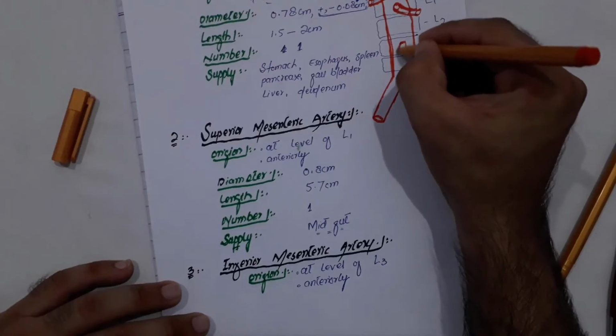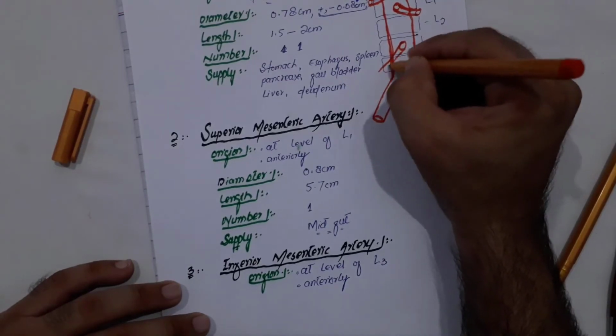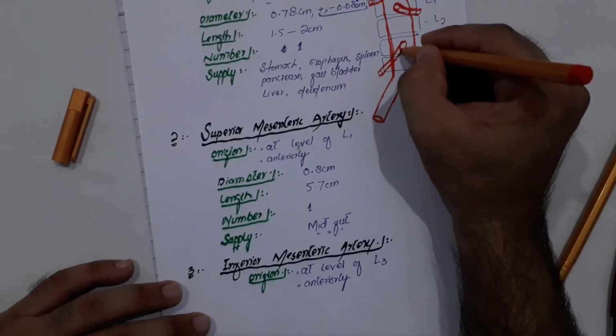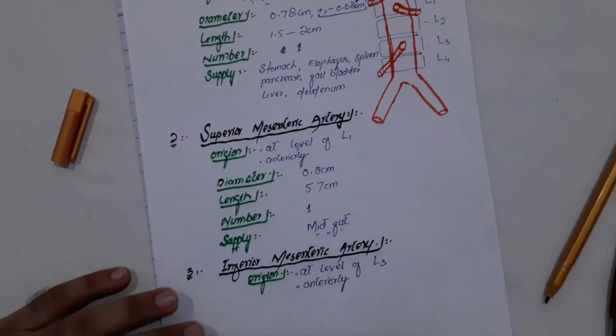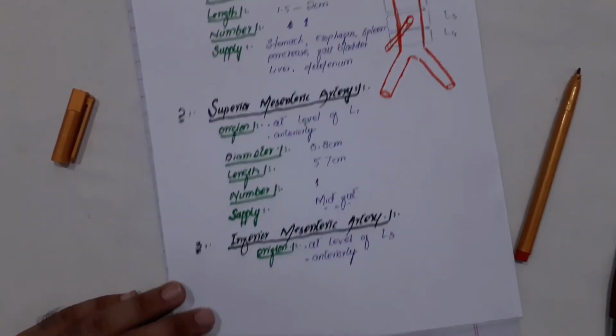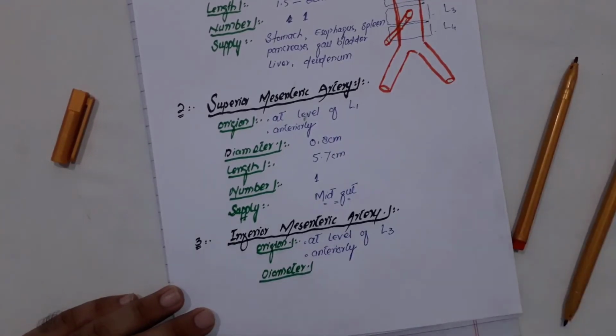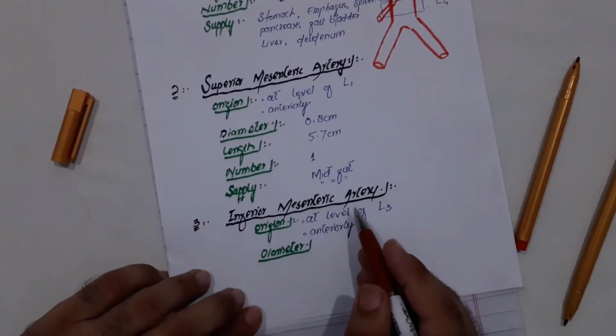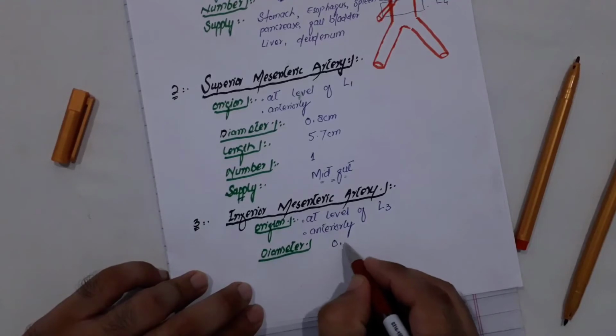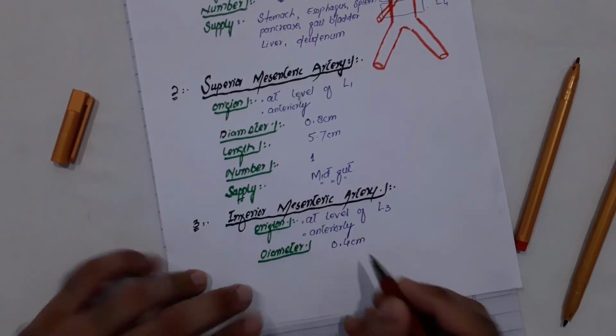So this position is for the inferior mesenteric artery. It arises at the level of L3. What is its diameter? The diameter of the inferior mesenteric artery is about 0.4 centimeter, right?